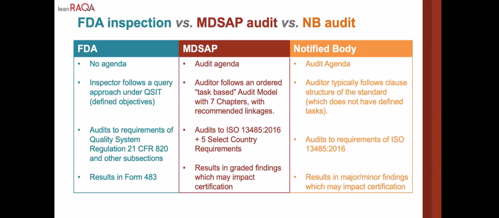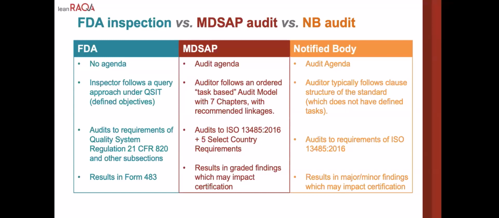It is going to result in an ISO certificate to 13485:2016 plus the 5 select country requirements if you're marketing in all 5. It results in a graded audit report, and that grade may impact the certificate being accepted or not in certain geographies.